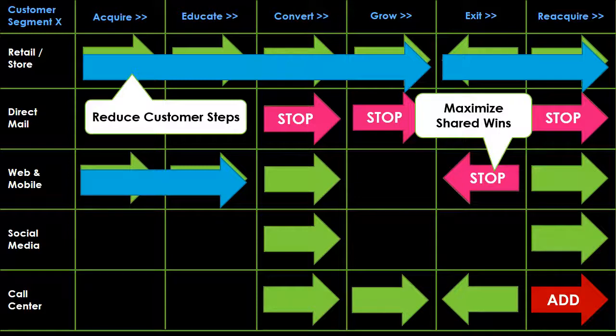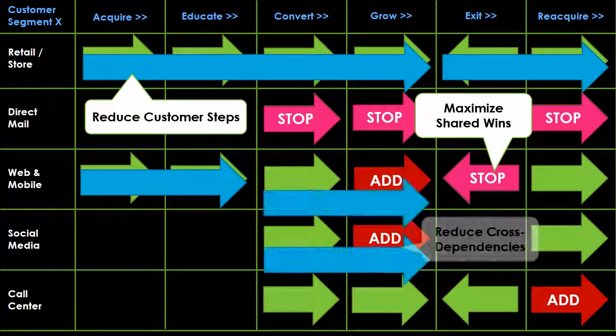It's a shared win. Direct the customer to other touch points, to other channels. From a UX design standpoint this may seem counterintuitive because you're reducing choices, but in fact you're giving them the preferred choice. You're directing them to a choice that statistically they would enjoy more.